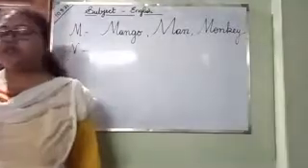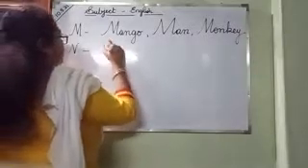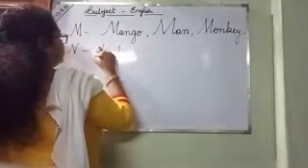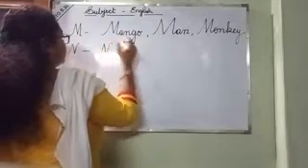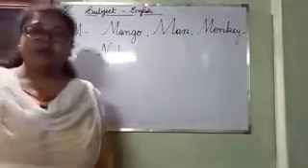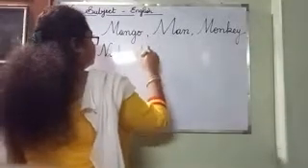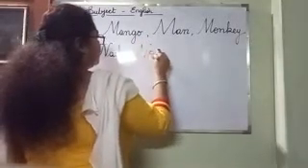Okay, N. What things from N? N for nail. N-A-I-L. Nail. Okay. Next, nose.